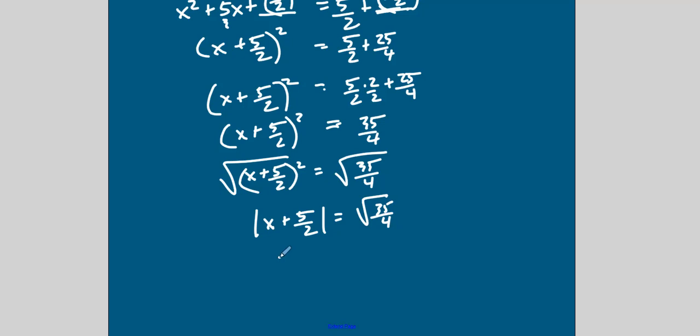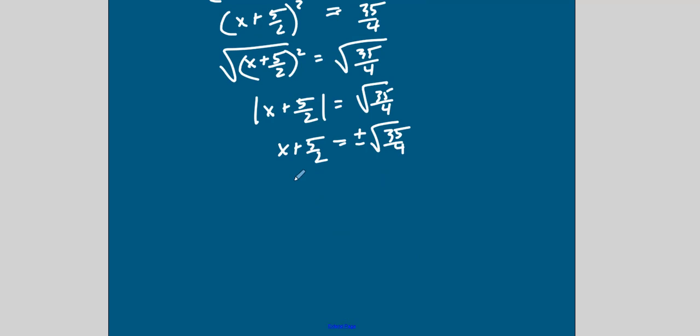Removing the absolute value sign, I get x plus 5 halves equals plus or minus the square root of 35 over 4. So now isolating x, I subtract 5 halves from both sides. So x equals negative 5 halves plus or minus square root of 35 over 4.